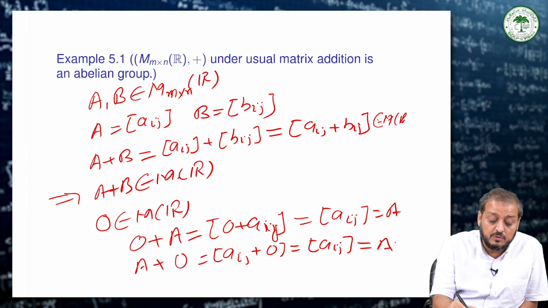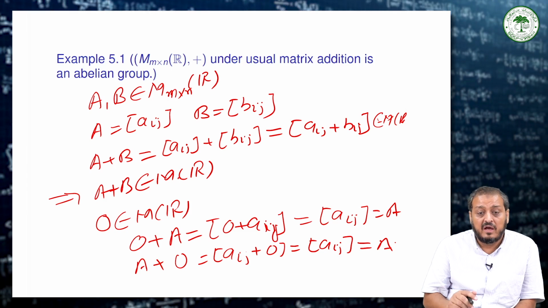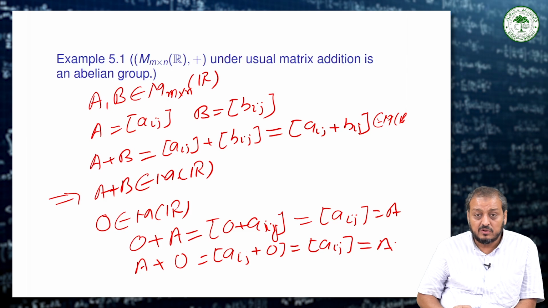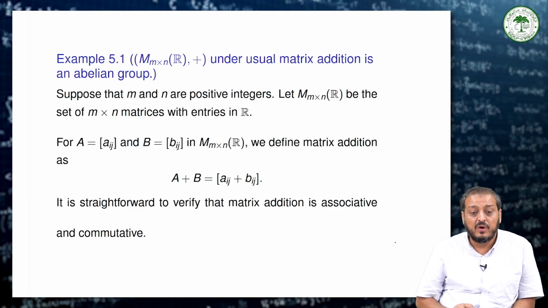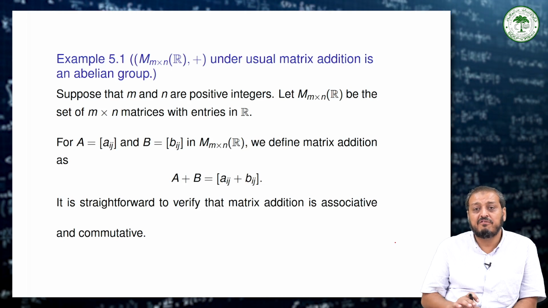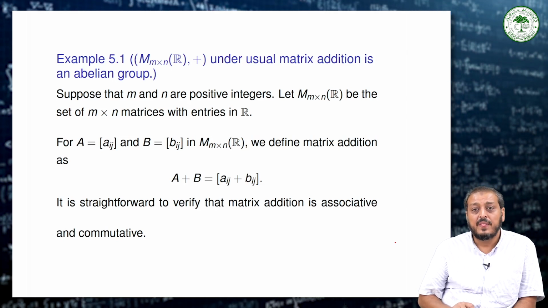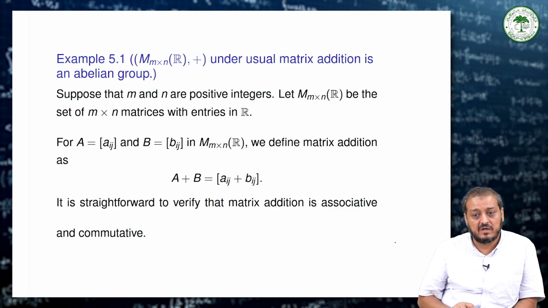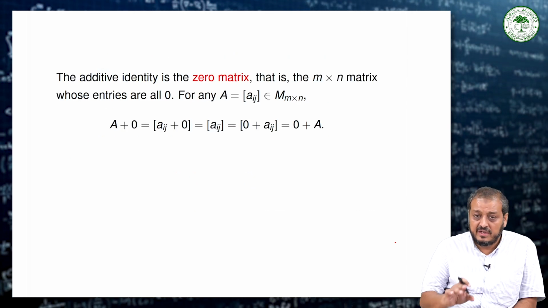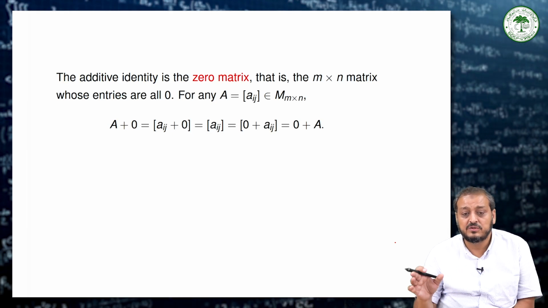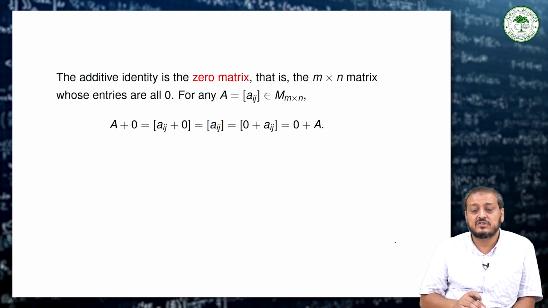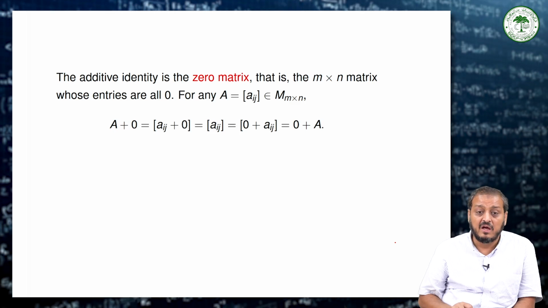Next we have to check whether inverses exist or not. We can straightforwardly verify that matrix addition is associative and commutative, and the 0 matrix satisfies A plus 0 equals A. Now we have to find the inverse.